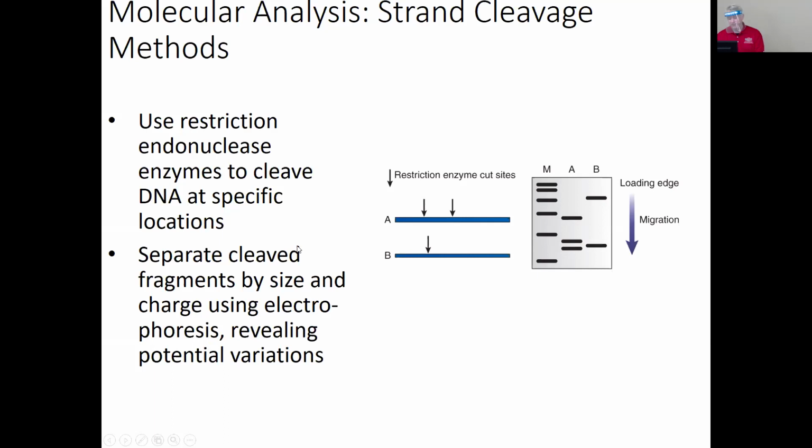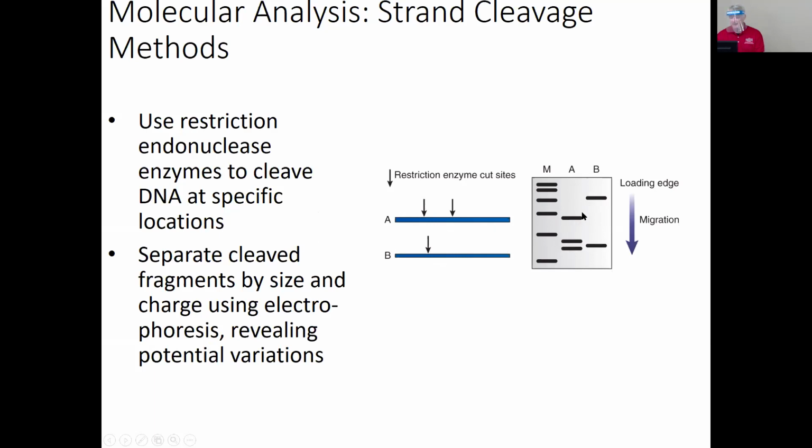locations. We can look at this first picture, which shows an A and B sample, and they're cleaved at different points. We end up separating those sections on a gel, and we can find where they migrate to, and we can see that B had two segments and A had 3 segments.